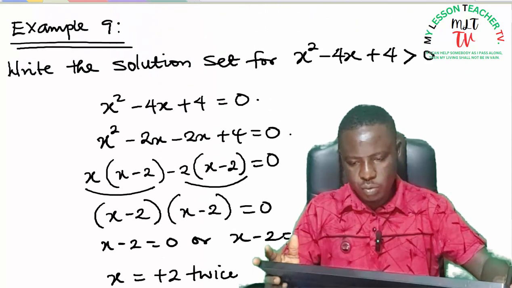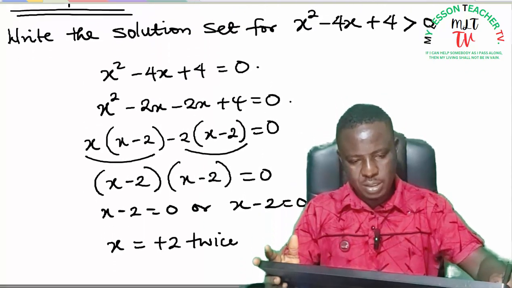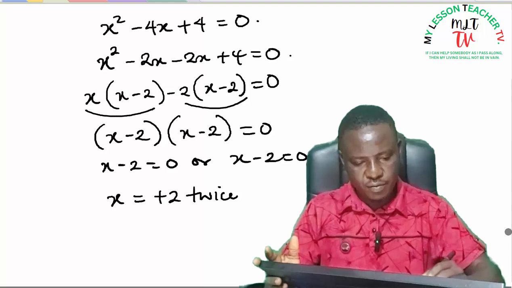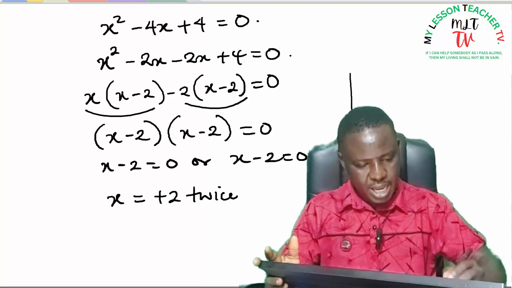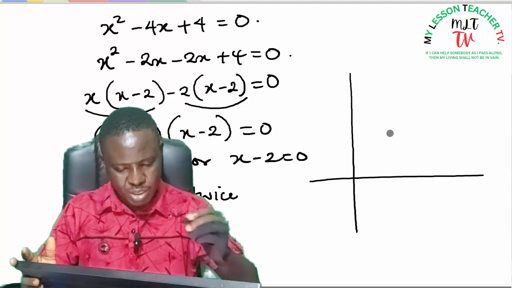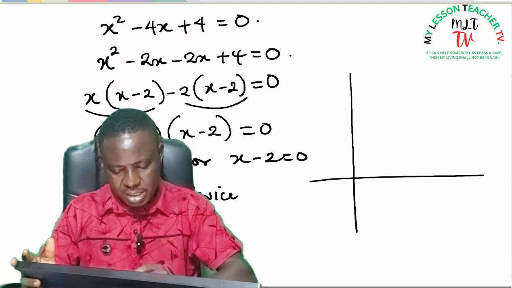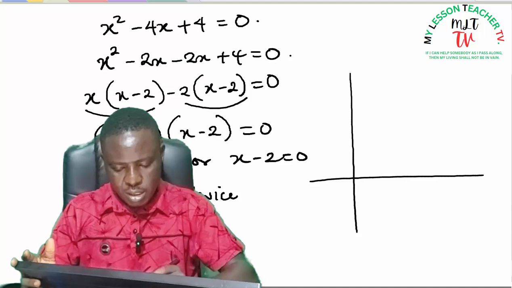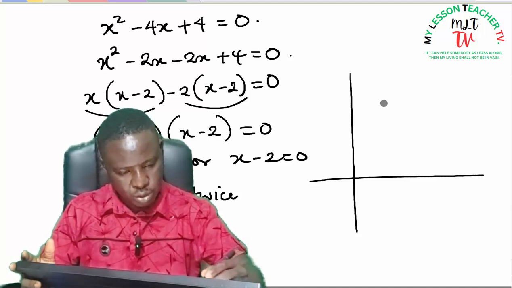Now, representing this on the graph, this is a U-shaped graph. Since x is 2 twice, it means the parabola cuts across the x-axis only at this point.